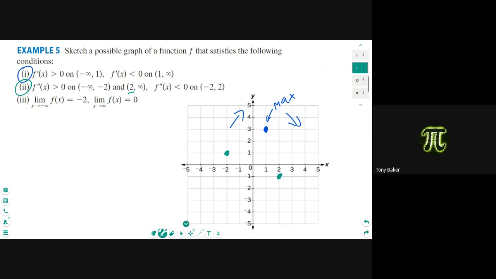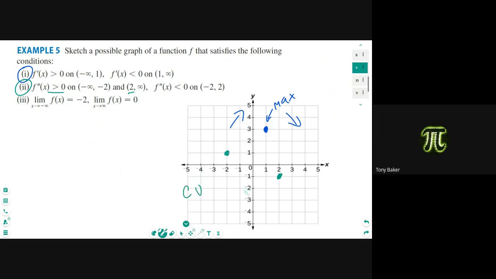So greater than 0 means what? It has a minimum. So yes, it's going to have a minimum, and it's also going to be concave up. Okay, so it's going to be concave up over here.